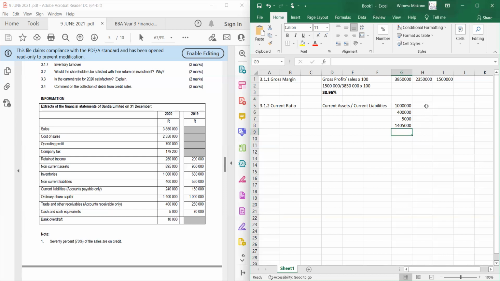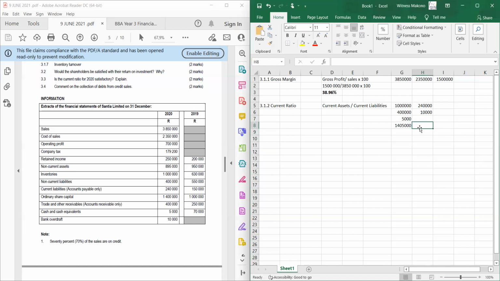Then your current liabilities, I'm going to write them here. I can see in my current liabilities, we have got accounts payable, which is 240,000. Then we go to bank overdraft, which is 10,000.